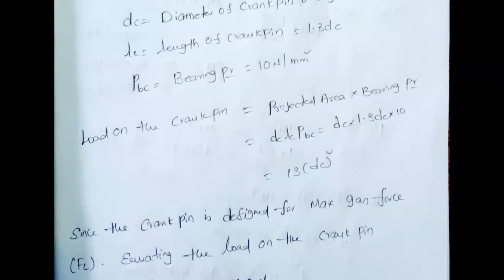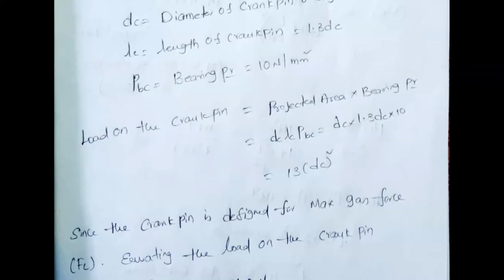For the crank pin you calculate DC, LC and PBC. For the piston pin, instead of C you have P: DP, LP and PBP. So no need to remember anything. For the crank pin your notation is C, for the piston pin your notation is P. That is the only difference.